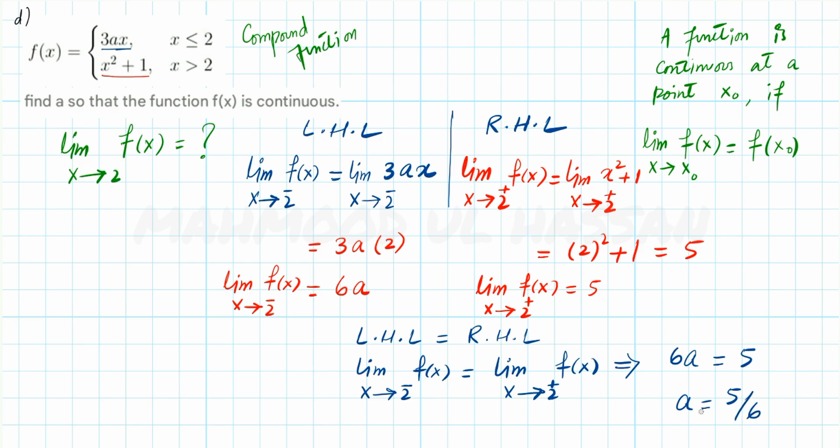So the value of a is going to be 5 divided by 6. When we put a equals 5 divided by 6 into the piecewise function, at that time this function is continuous at the point 2.